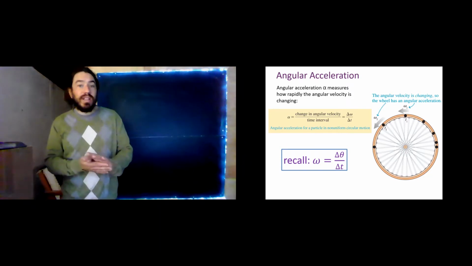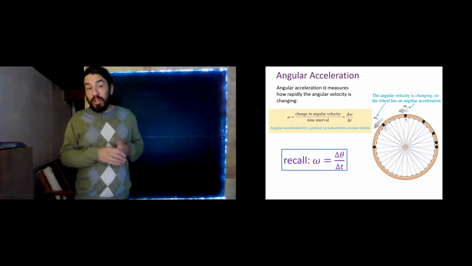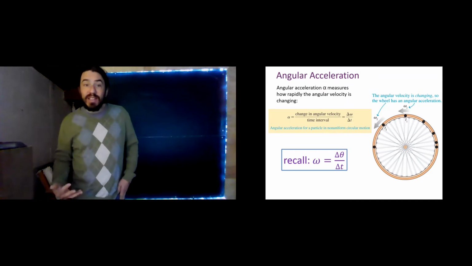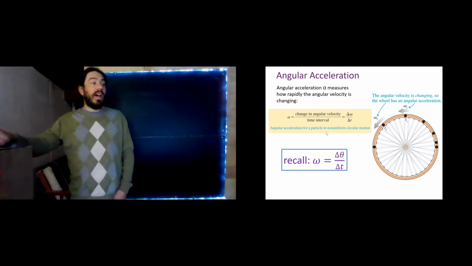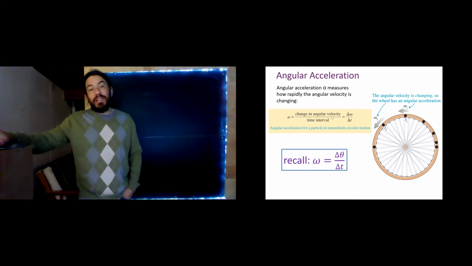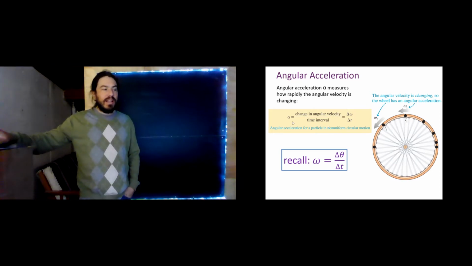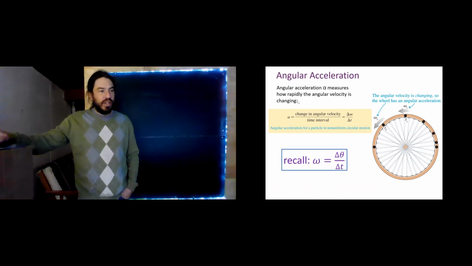Now, much like we defined acceleration, just regular old acceleration, as a change in velocity, so too we will define angular acceleration as a change in angular velocity. So a change in angular velocity over some time interval is an angular acceleration. And we use this little fishy guy here.